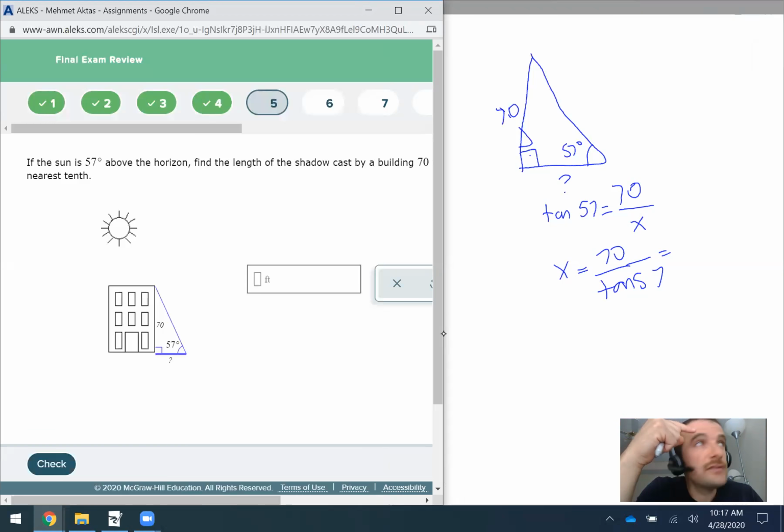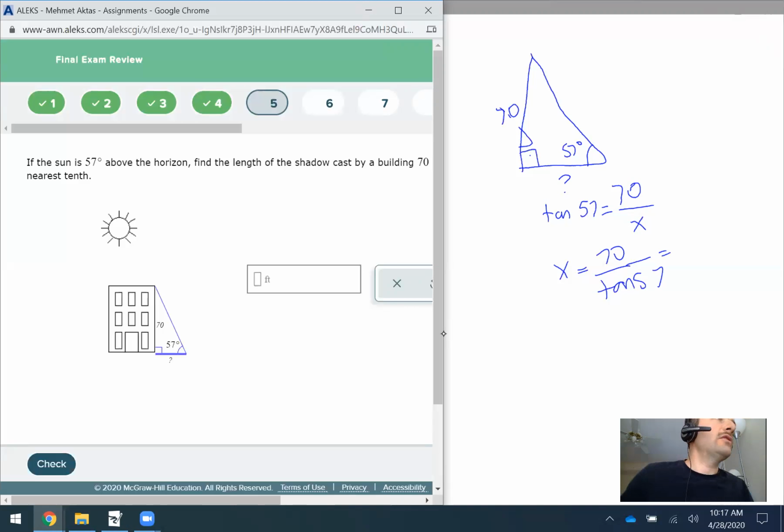So tangent 57 is, I think there is a mistake, okay, it's taking radians. So make sure in your calculator you are using the correct mode, okay? I was using radians, that's why I was getting a different answer. 70 divided by tangent 57.